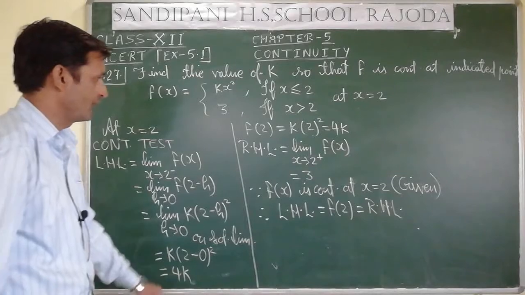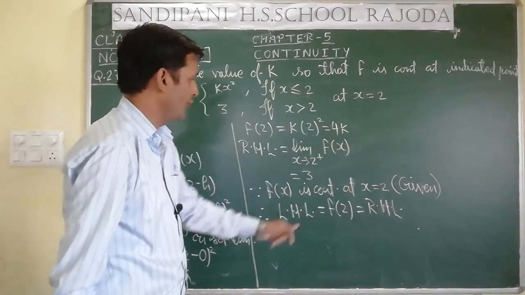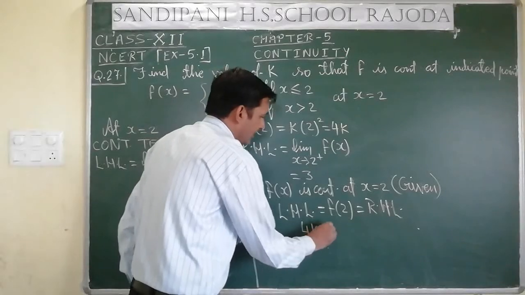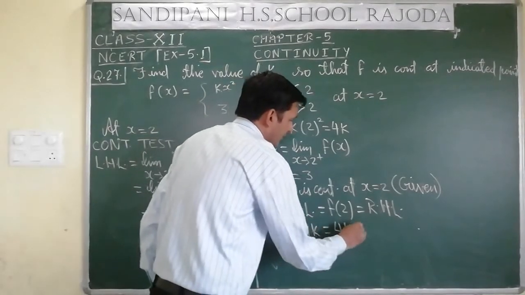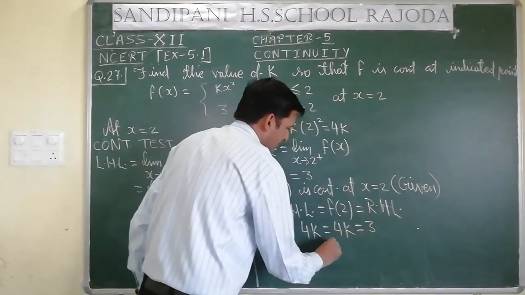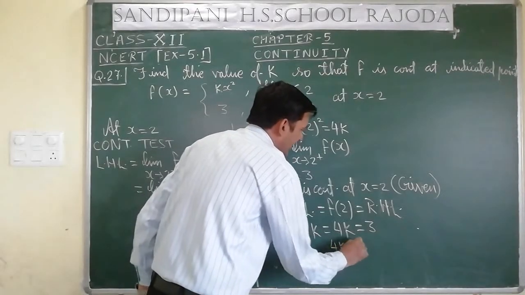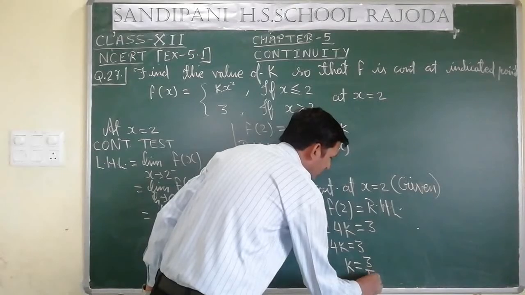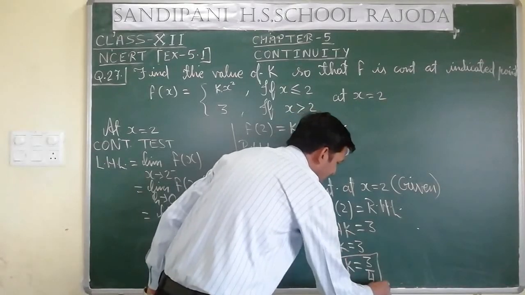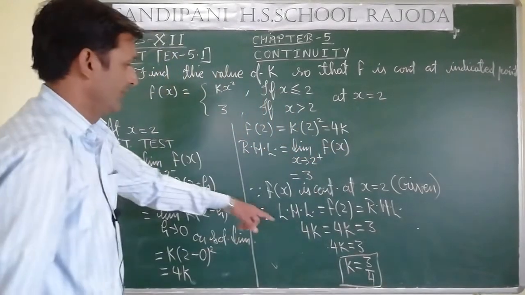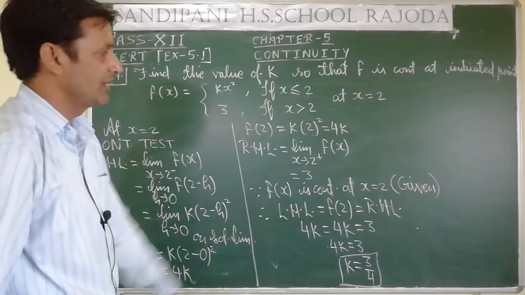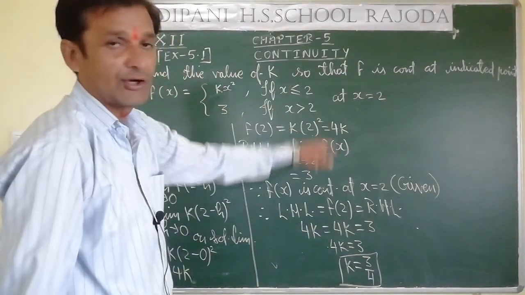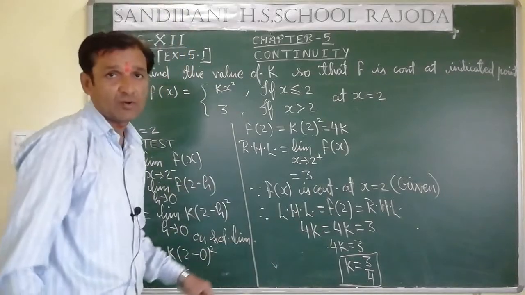See, it is 4k, f of 2 is also 4k, and RHL is 3. So 4k is equal to 3, if 4k is equal to 3 means what? K is equal to 3 by 4. So this is the answer, means k should be equal to 3 by 4 for making this function continuous at x is equal to 2. So this question is over.